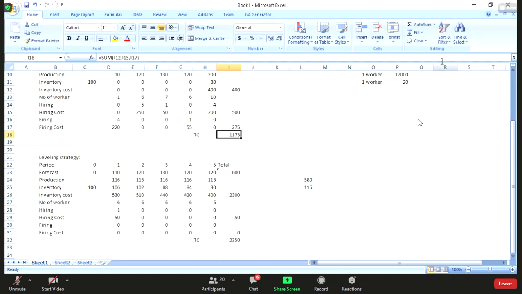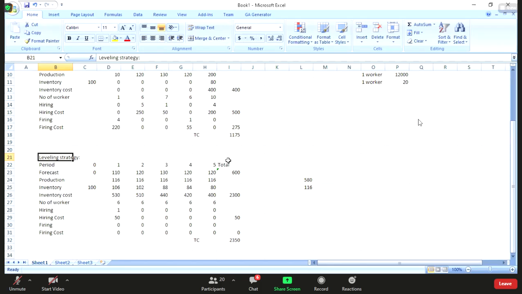Sir, why do we have 116 below the 580? Okay, I repeat again. In the leveling strategy, we need to produce the quantity constantly. Is it clear?